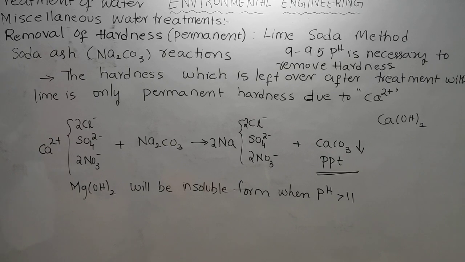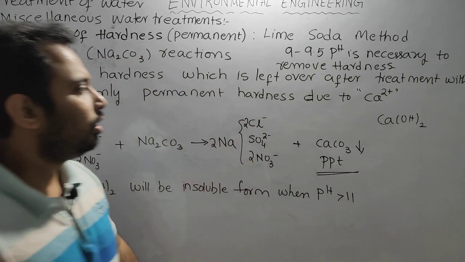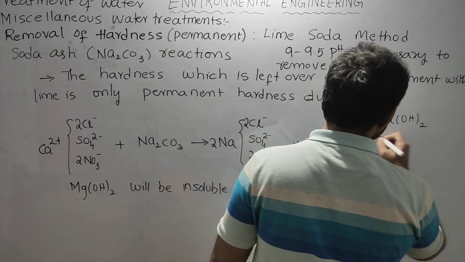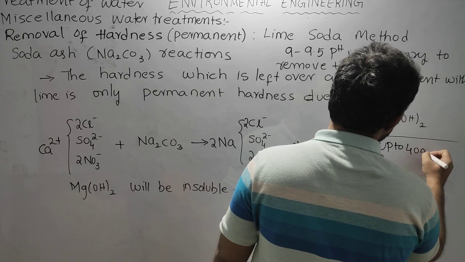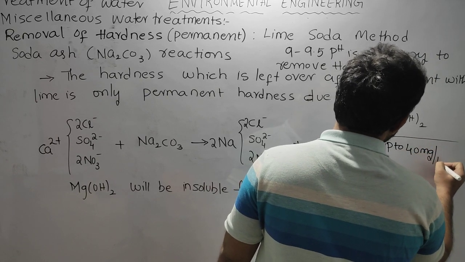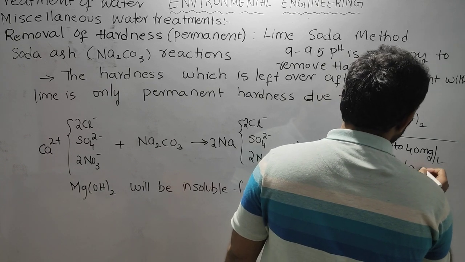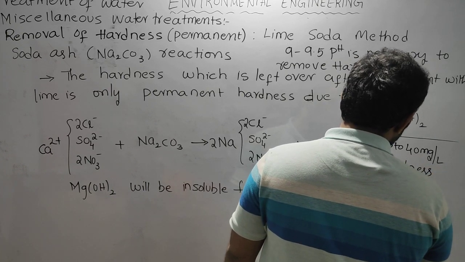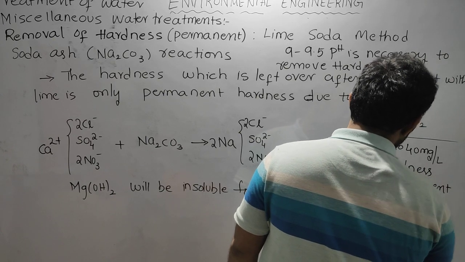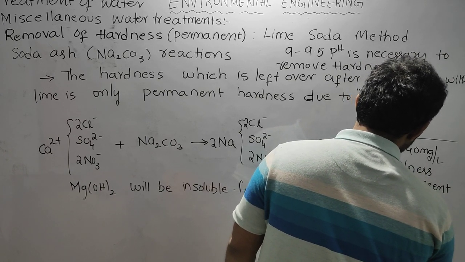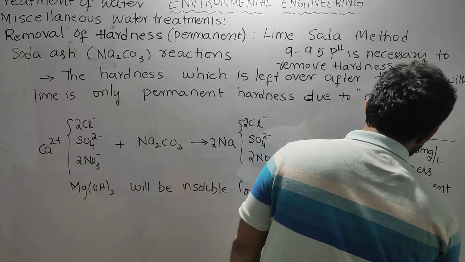So after all this process, we will have up to 40 mg per liter hardness present in the form of CaCO3, because this cannot be completely removed.